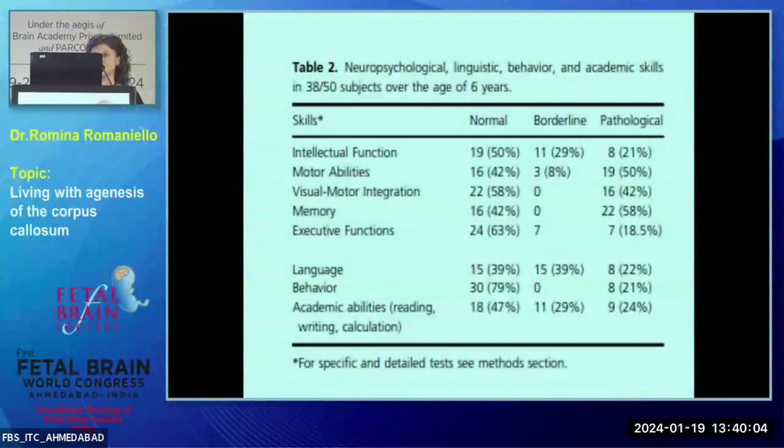Behavior was normal in 79% of subjects, and pathological in 21%. Subjects with academic abilities difficulties were 24%, normal skills were in 47%, and borderline skills were in 29% of subjects.